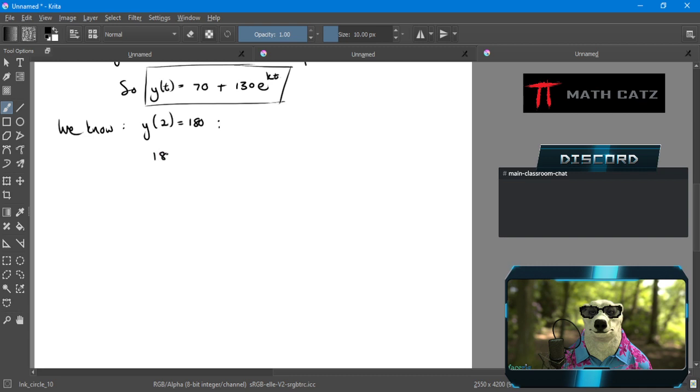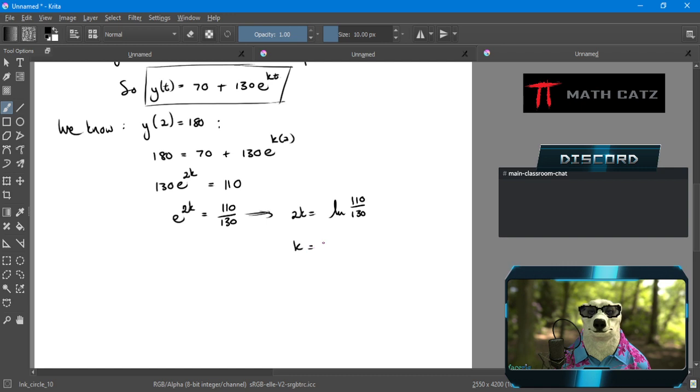So that means plug in 180 for y into the function, e to the k times 2. So 130 e to the, all right, 2k is therefore 180 minus 70, which is 110. So e to the 2k is 110 over 130. And so 2k is the natural log of that.